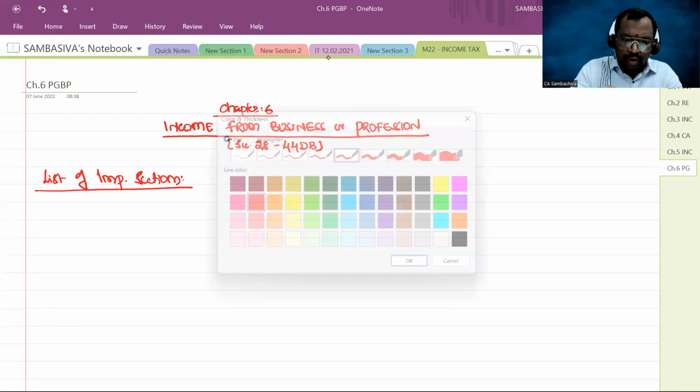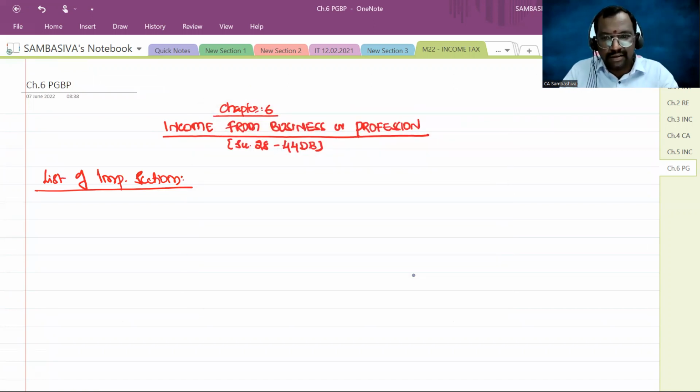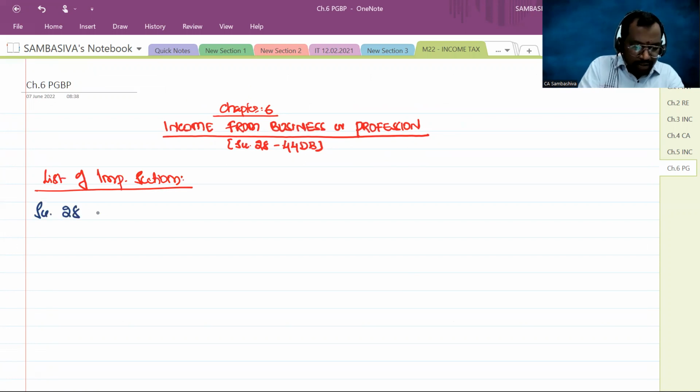As usual, you all know that the very first section of every chapter deals with the charging section. So section 28 is a very important section, the charging section. And then section 32, which deals with depreciation.